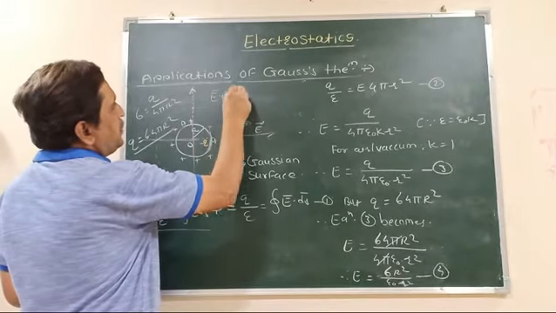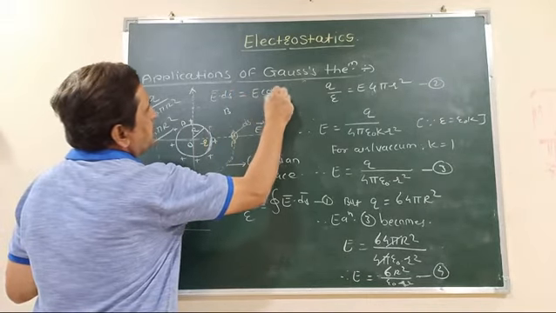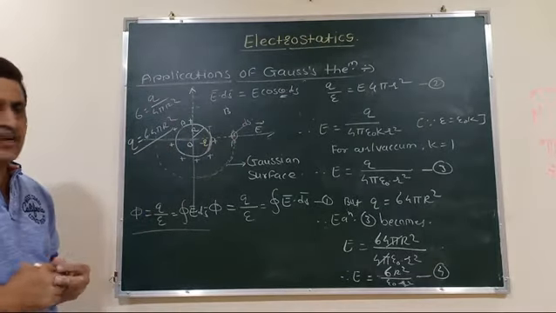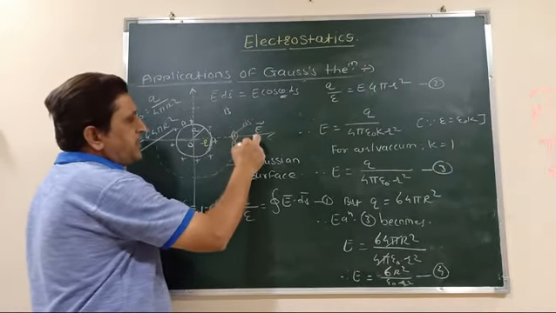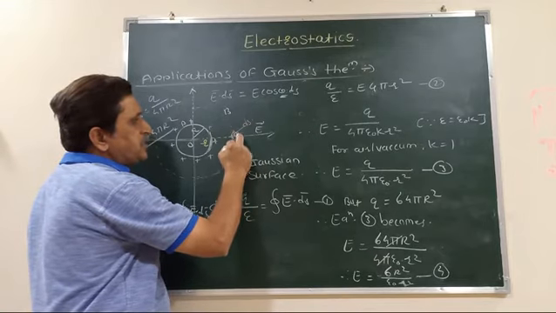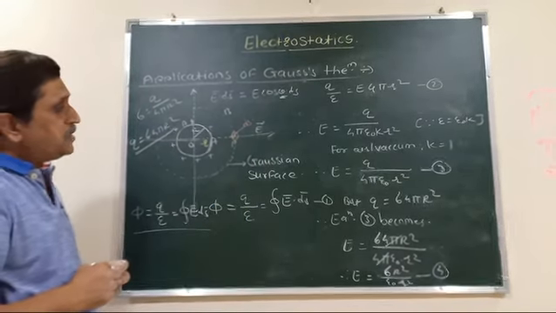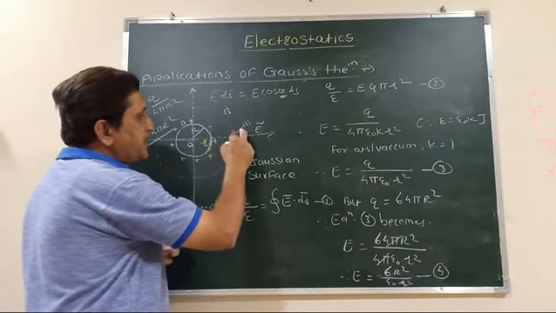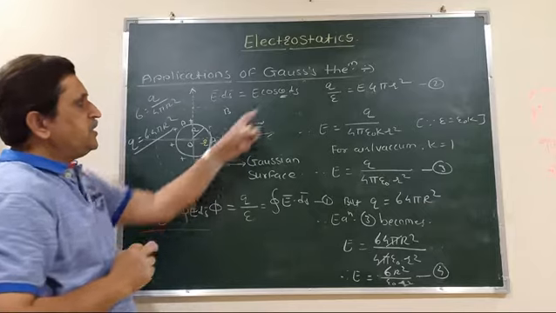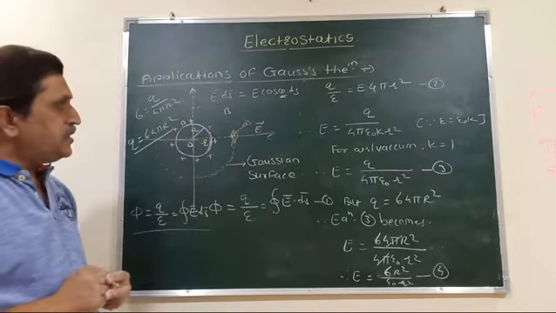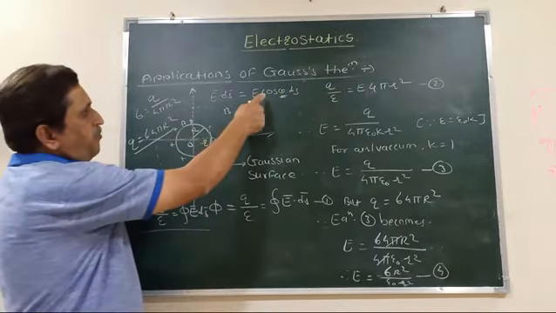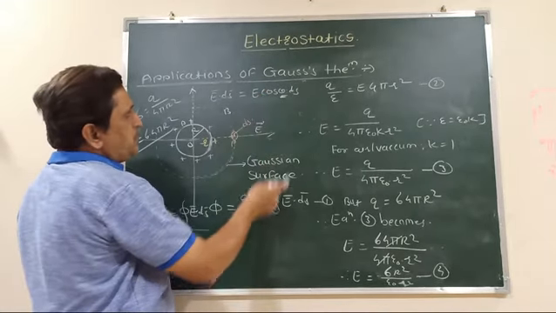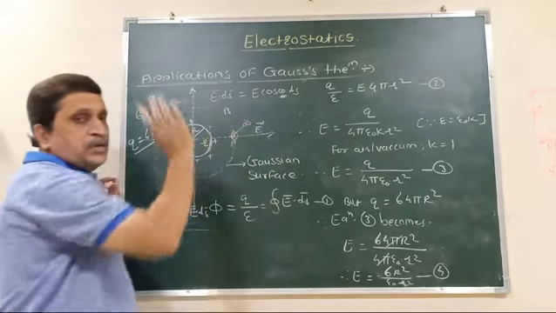E bar into ds bar is nothing but E cos theta into ds. थीटा क्या है? वो जो एरिया ds है उस एरिया ds ने इलेक्ट्रिक फील्ड इंटेंसिटी के डायरेक्शन से कितना एंगल कवर किया है. That means the angle made by the area ds with the direction of electric intensity, that is represented by letter theta. And in the form of vector we are writing this. In the form of scalar we are writing this one in this form, that means E cos theta into ds.